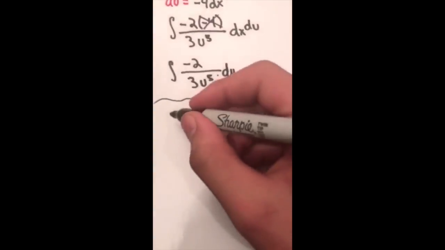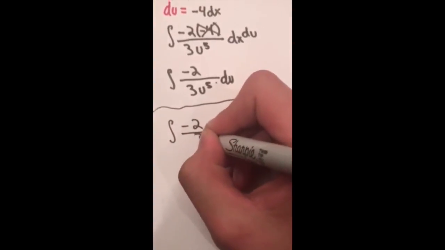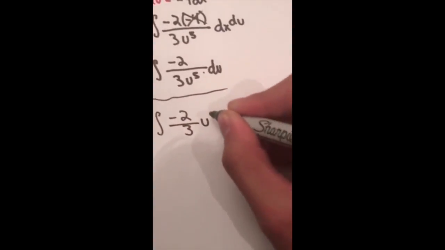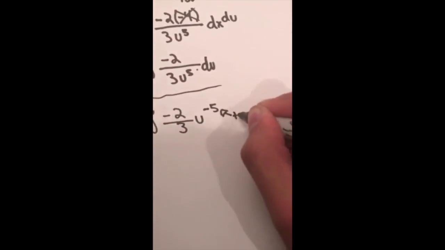Then you will have to add 1 to the exponent. In this case, -5 plus 1 equals -4.